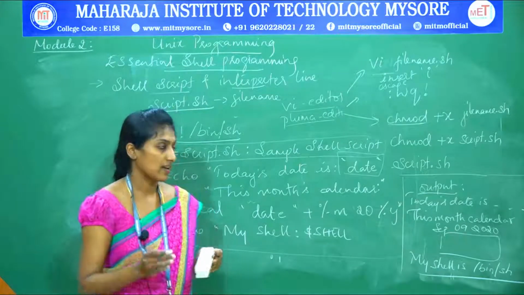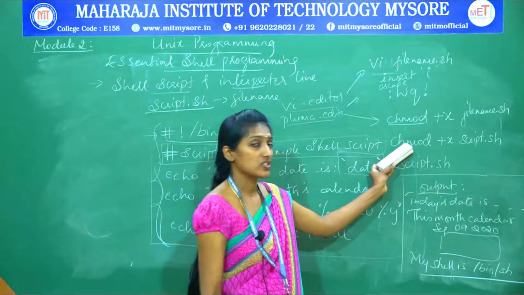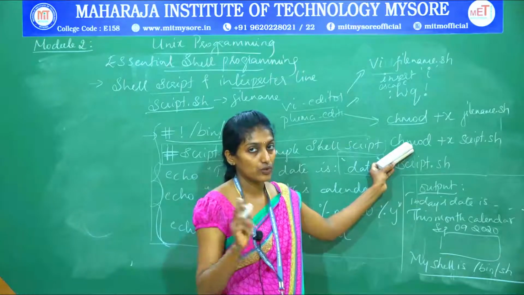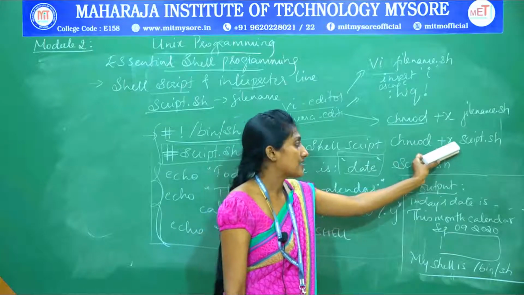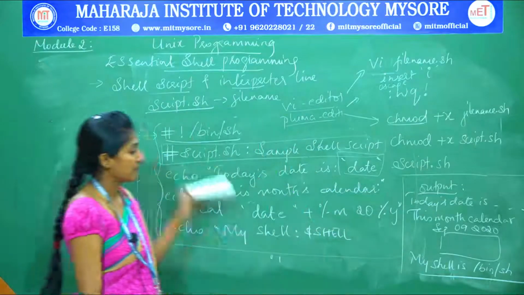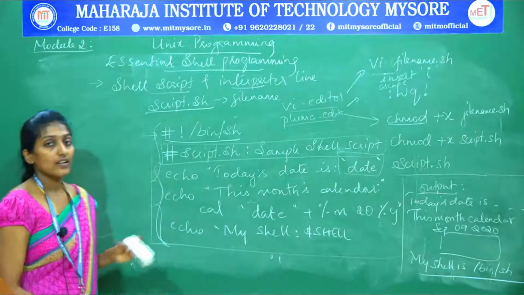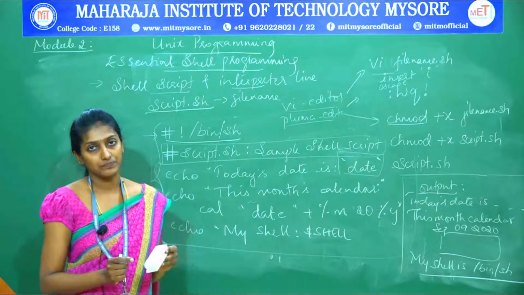So to assign the execution permission, you have to use this change mode command, which we have already discussed in basic file attributes and permissions. So chmod, plus is for assigning, x is for execution permission for the script.sh file. So this is about creating your simple shell script.